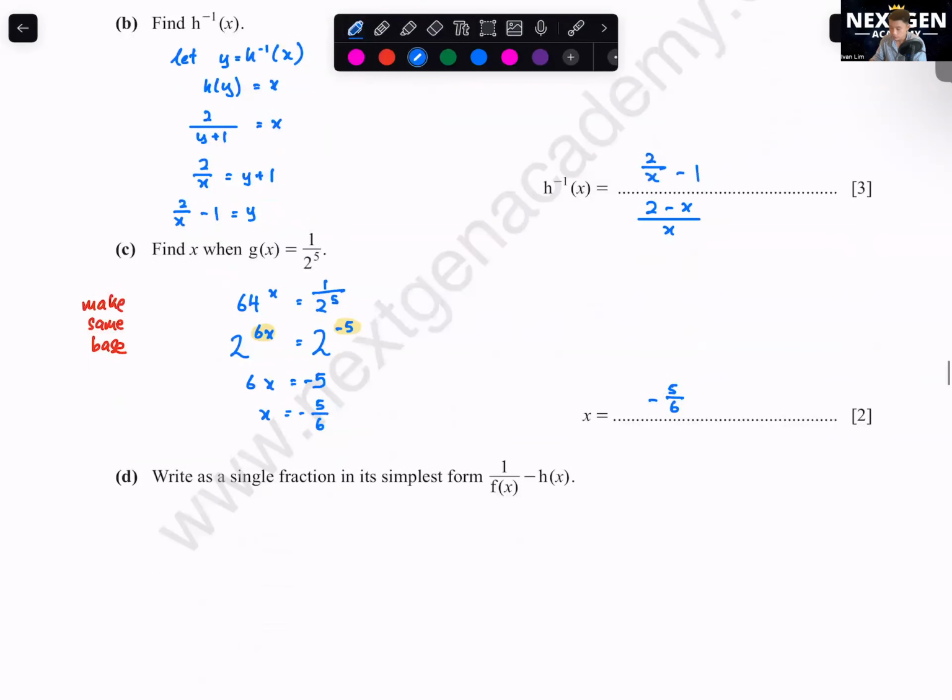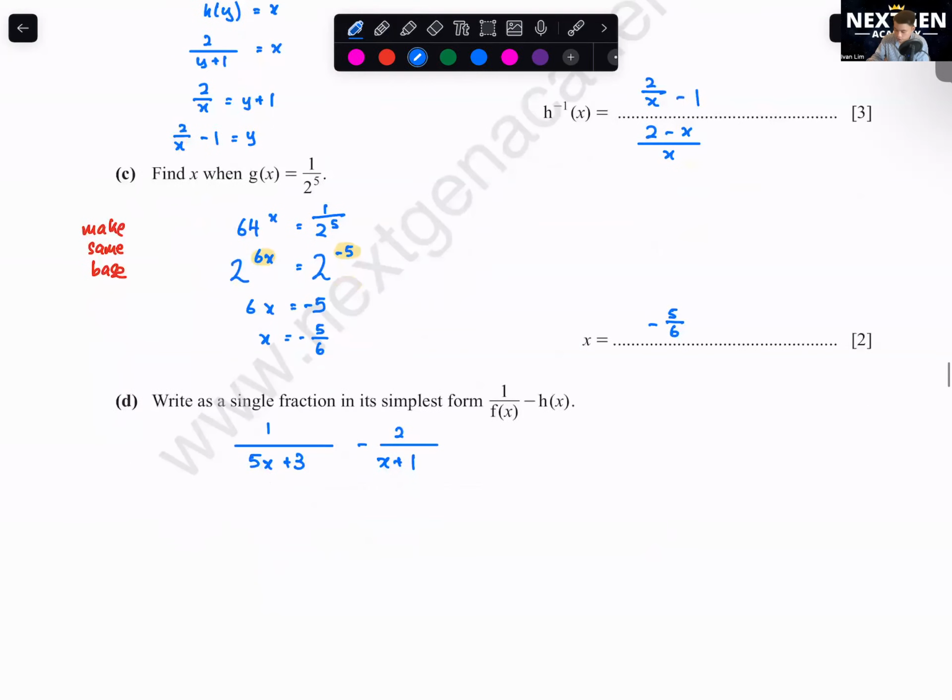Okay, last one. 1 over fx minus hx. Write it as a single fraction. So just substitute inside. 1 over 5x plus 3 minus 2 over x plus 1. Okay, how do I make it to single fraction?